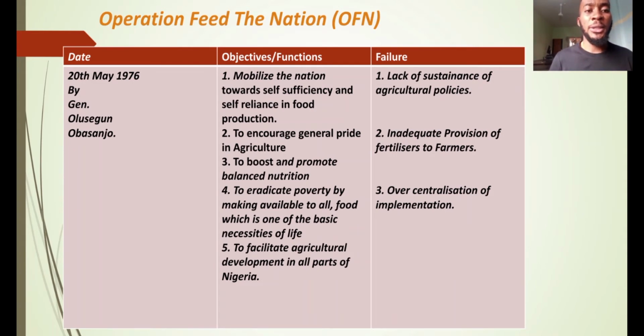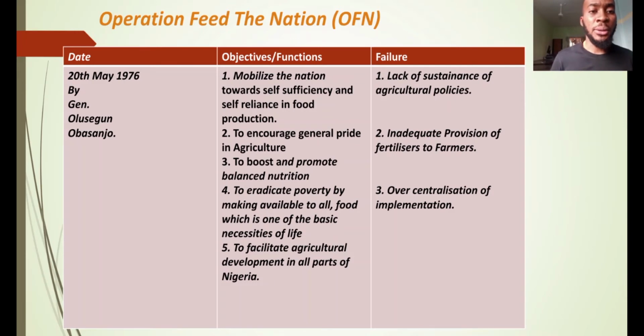You talk about it, you brag about it. So one of the objectives was to do what? To create the consciousness, the appetite, the self-esteem in agriculture, to feel happy. Instead of saying our source of revenue comes from oil, we could say our source of revenue comes from agriculture. That is to encourage general pride in agriculture.